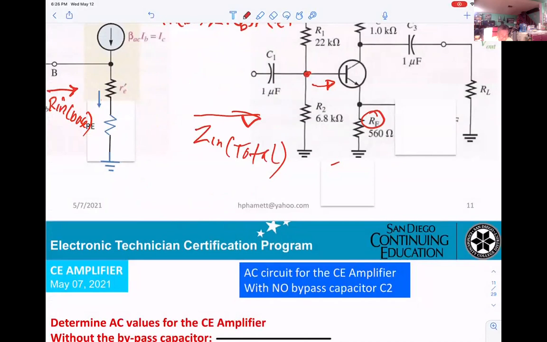Then you tell me how many resistances are in parallel. Three: R1, R2, and R in base. Perfect. That means you get the right one. R1 in parallel with R2, and in parallel with R in base.